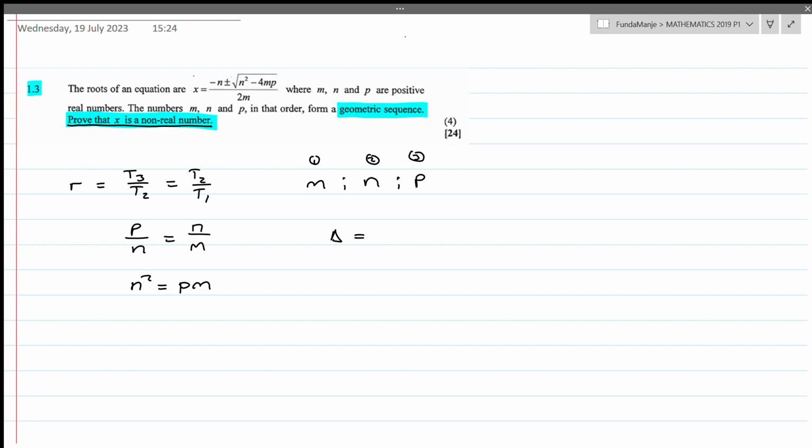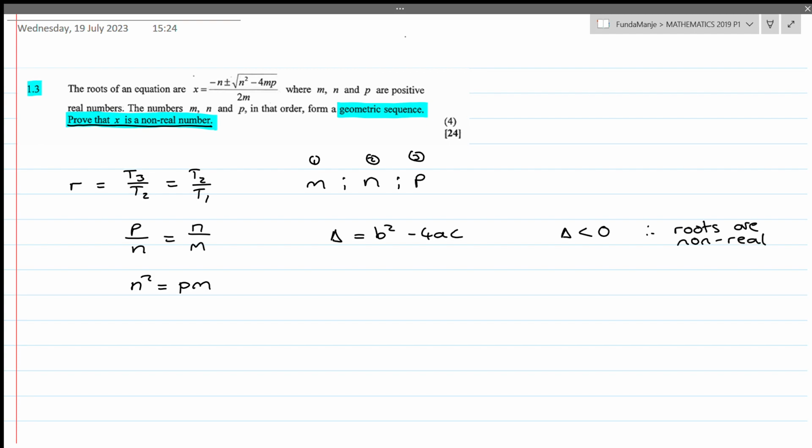This states b squared minus 4ac. Now if we are to prove that x is a non-real number, we have to prove that the discriminant will always be less than 0. If the discriminant is less than 0, we can say the roots are non-real.